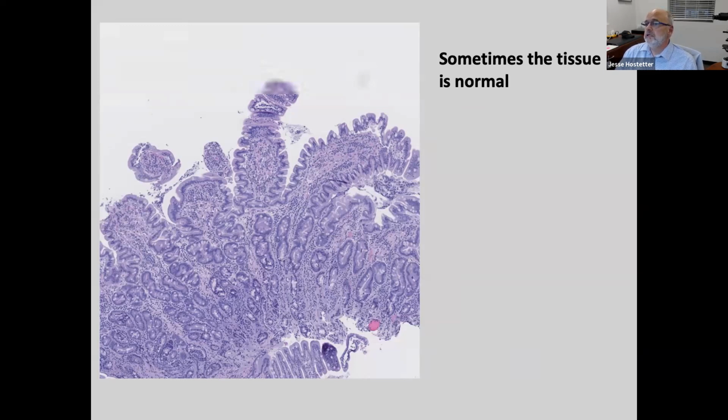I really need to find the problem here. I really need to tell them that there's something wrong. Over the years, I've come to be much more comfortable saying these are normal, or at least I don't see anything that is significantly different. And although that gives many of us kind of a cramp, it's powerful and it tells the clinician a lot.